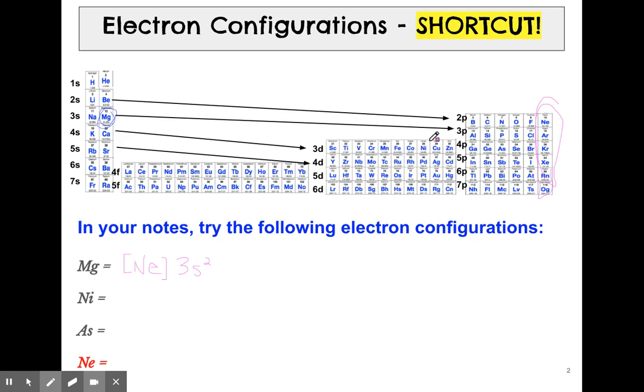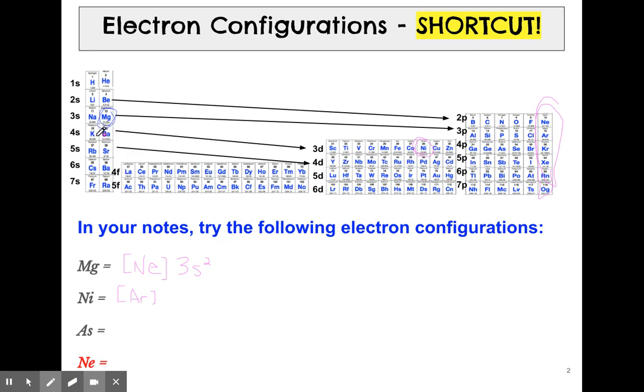So if we look at nickel for the next example, nickel is number 28. So if we look at our noble gases over here, krypton is 36, that comes after, so we can't use that. So we have to go to argon, which would be the noble gas just before nickel. So we would start with argon in brackets. And then from argon, which is element 18, we would follow in order of atomic number.